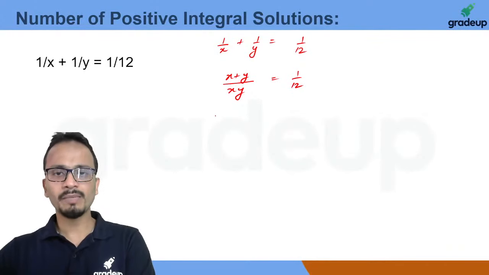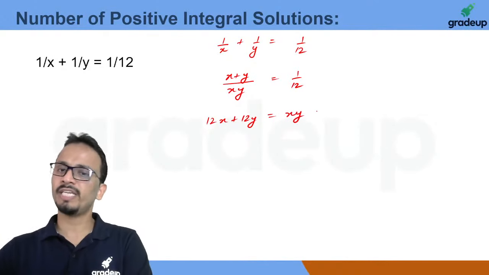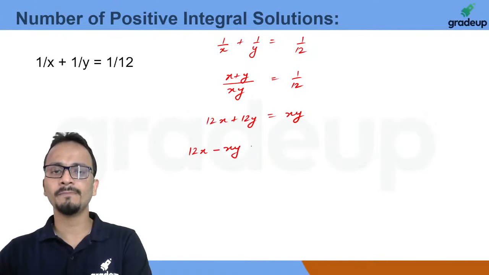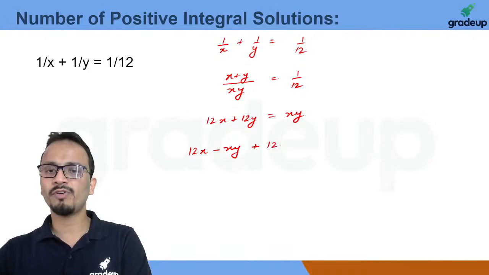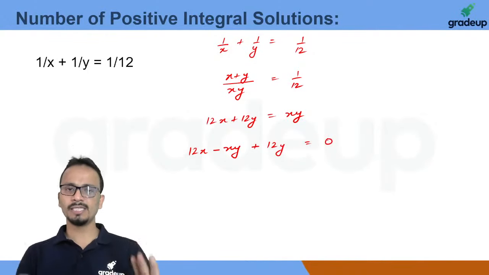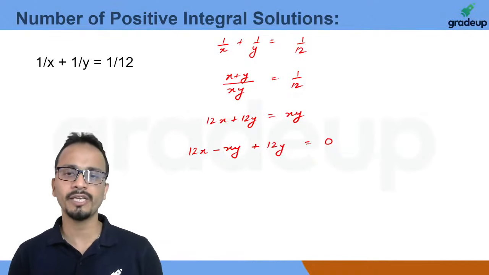Now doing cross multiplication, it will become 12x plus 12y equals xy. Now taking everything on the left hand side, I'm writing it as 12x minus xy plus 12y equals 0. All right, this is the equation that I have obtained. I hope everyone is clear with this.